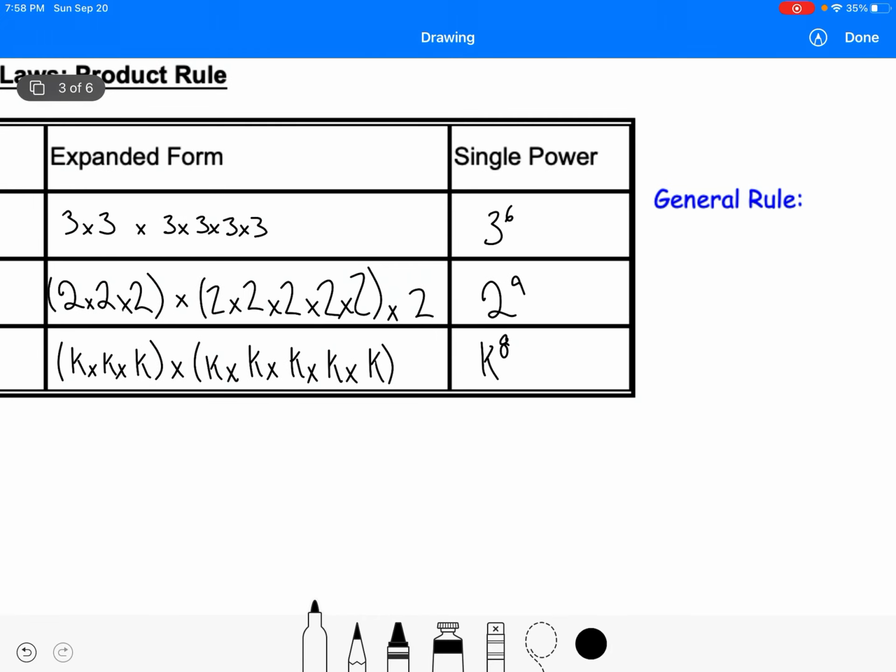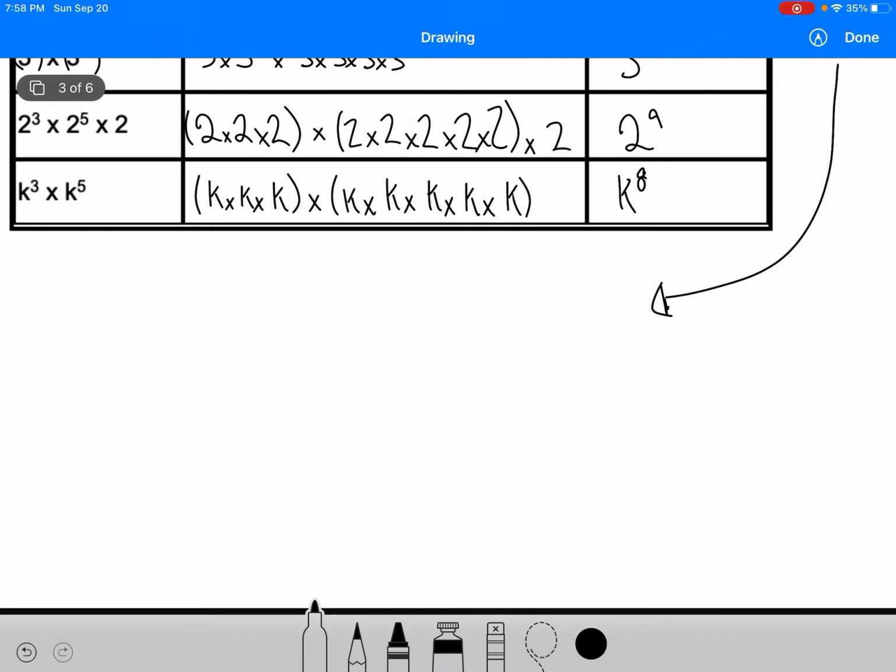The general rule here, so I'm going to write it down at the bottom. The general rule that we have is for the product rule. So this is the product rule for exponents. Okay, so we're dealing with exponents because there's other product rules in math.